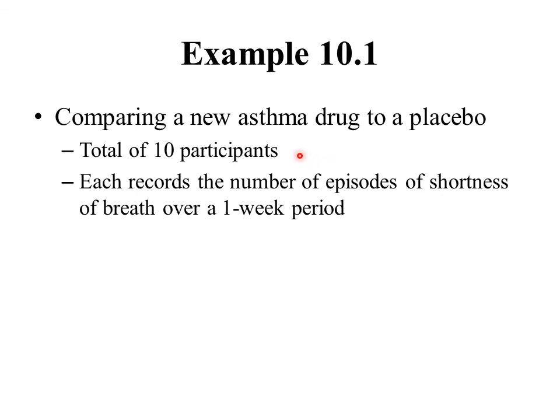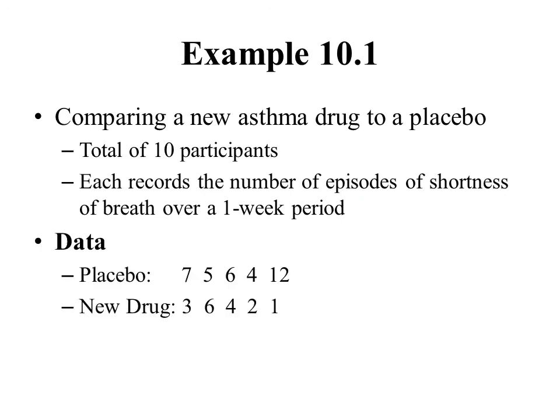And in our data we have a total of 10 participants, and each one of those participants records the number of episodes of shortness of breath over a 1-week period. Okay. And so here's our data. So the first patient on the placebo had 7 episodes, the second had 5 episodes, so on and so forth. The first person on the drug had 3 episodes, the second person had 6 episodes, so on and so forth.